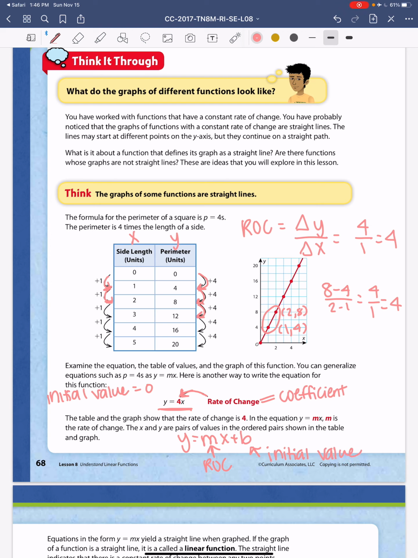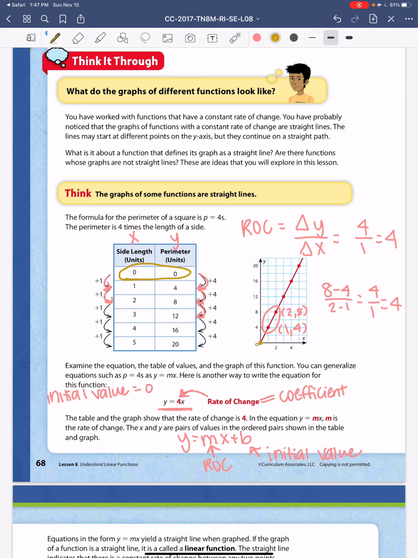Since in this equation we only had y equals 4x and no plus b, then if there was nothing there, our b had to be 0, so our initial value was 0, which we could prove right here in our graph and table, because when x equals 0, y equals 0. And when the graph started, it started at (0, 0), so x was 0 and y was 0.